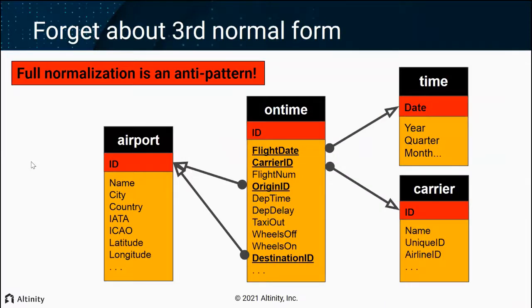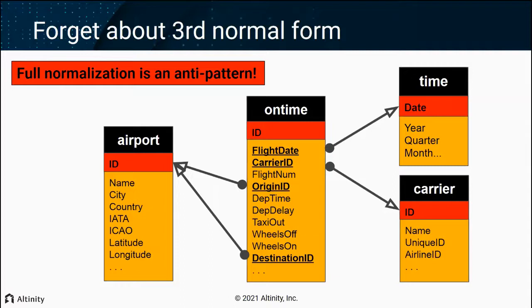One thing that's kind of important when we're talking about tables is, if you studied databases, particularly a few years ago, you would learn about third normal form, where the idea is to completely eliminate duplication in your data. So if you have this on-time table in the middle, it's information about flights. The flights have an origin, which is an airport.